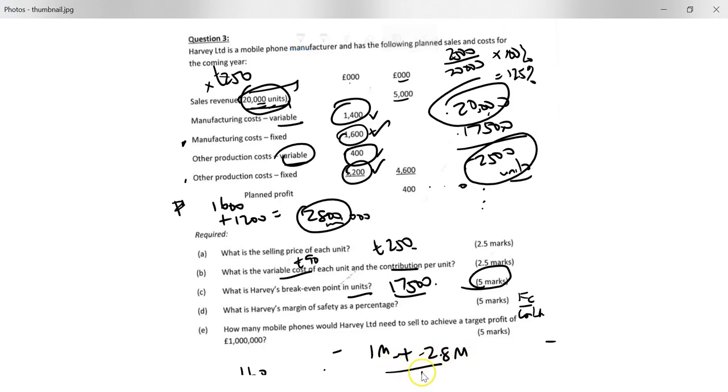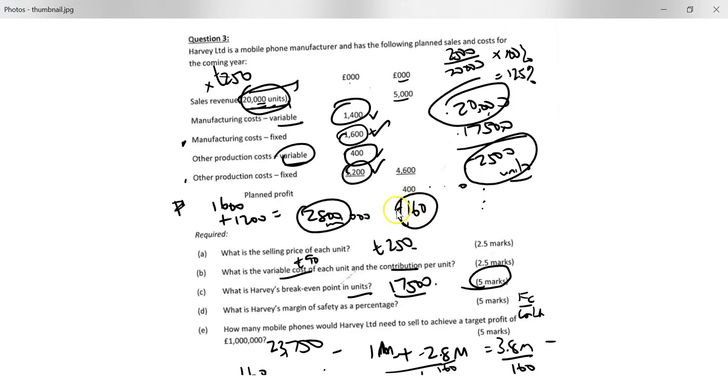So I divide this by the contribution, which is 160. So 1 million plus 2.8 million divided by 160, and that's 3.8 million divided by 160, right? That gives us 23,750.